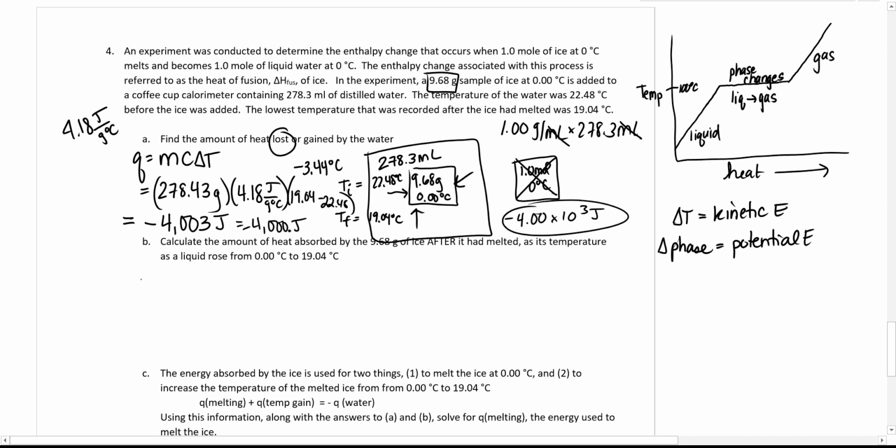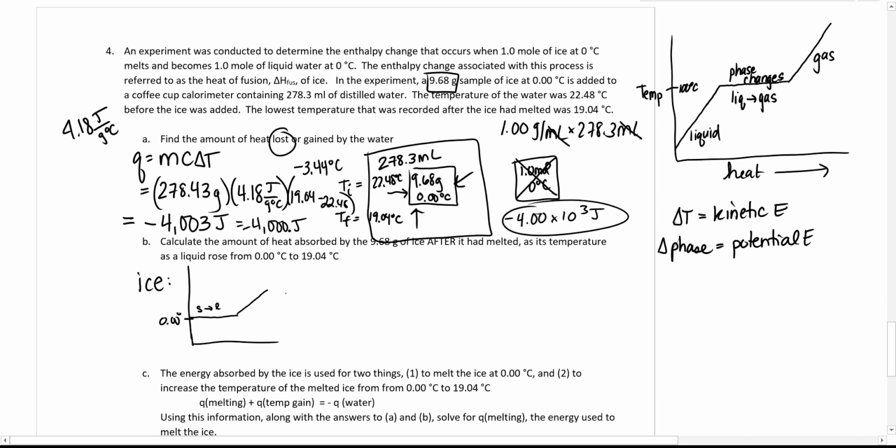So what's going to happen to the ice is 2 things are happening here. If we draw a heating cooling curve right here, imagine that we start at 0 degrees. As you add heat to the ice, at first the temperature is going to stay the same as the ice melts, turns from a solid into a liquid. Then once it becomes a liquid, the temperature is going to increase.